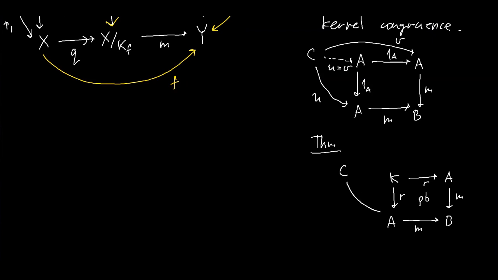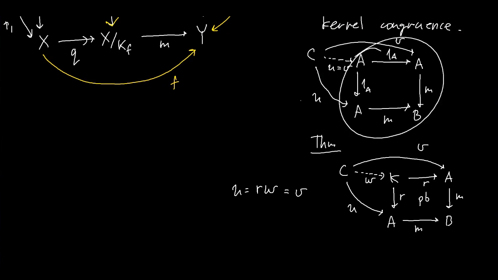Well, having U and V again, such that MU equals MV, we now say there is a unique map here. Let's call this thing W. Now RW on one hand equals U, on the other hand it equals V, which makes U and V equal to each other. So if this thing is a pullback, M definitely will be a monomorphism. On the other hand, if M is a monomorphism, then we already know this is a pullback. So it's a pullback of this kind. So that proves the equivalence.